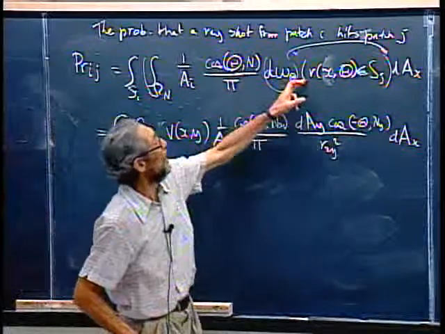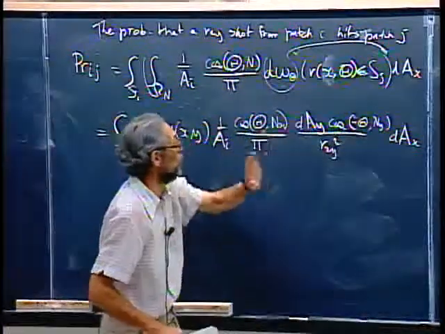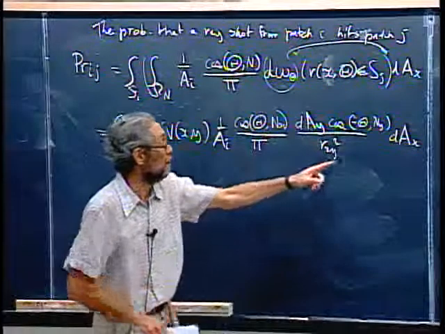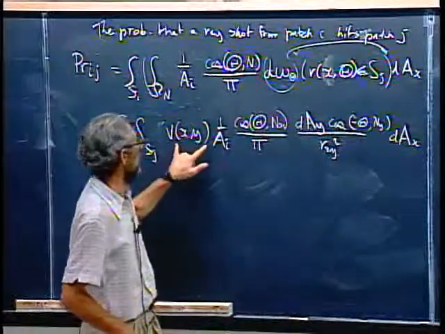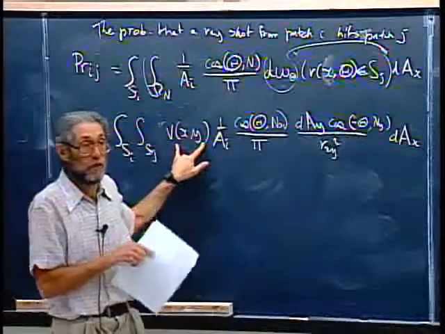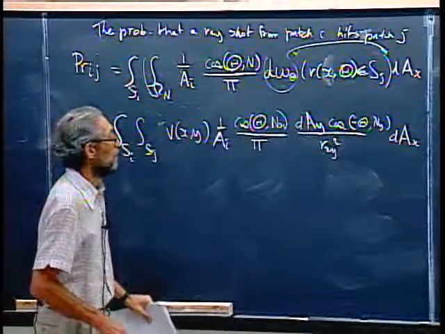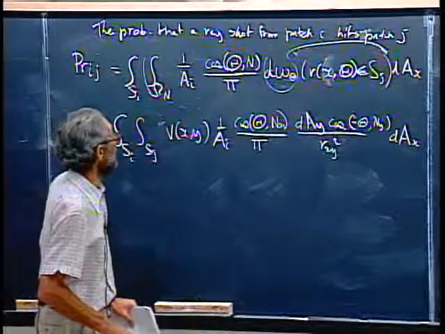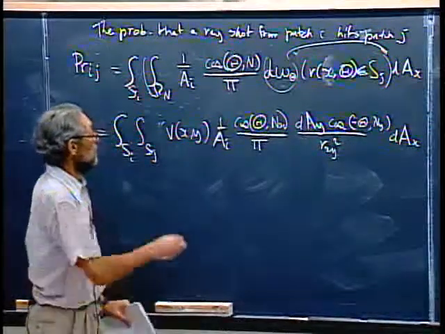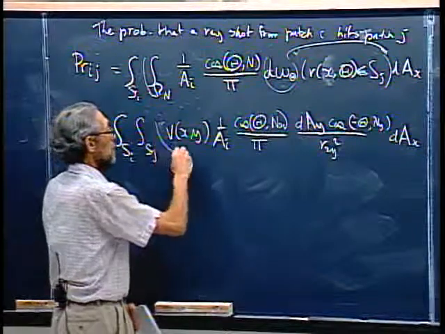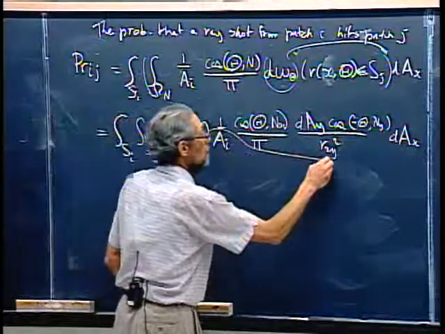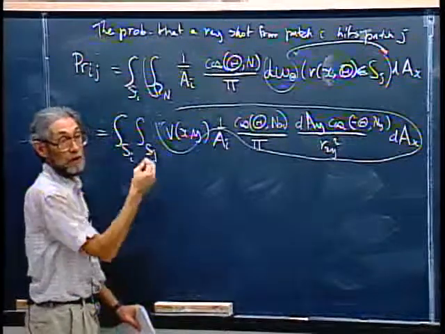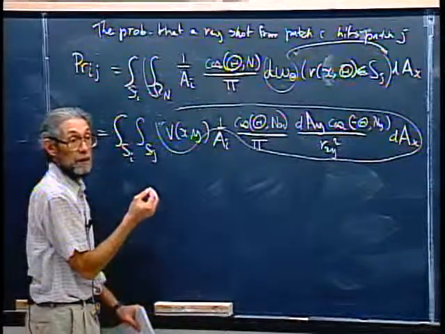And the fact that the ray hits patch Sj, we're only integrating over directions that do aim at Sj by integrating it this way, but we still have to check the visibility that those rays don't hit something else first. So basically, this much makes the form factor integral by the definition of the form factor that I did last time.